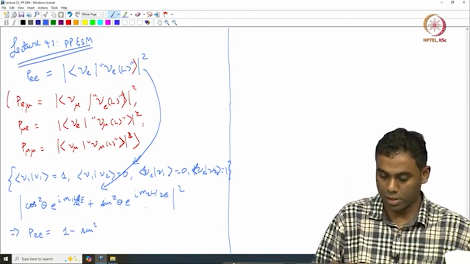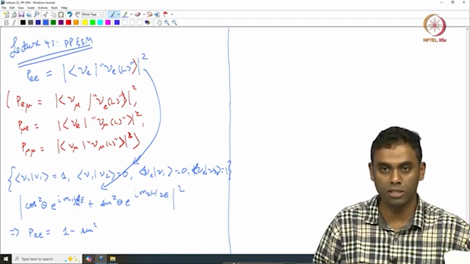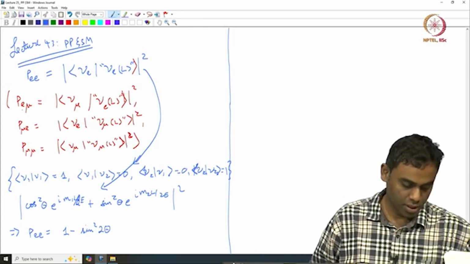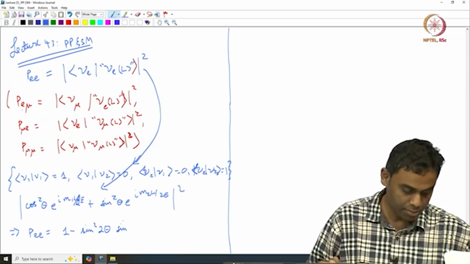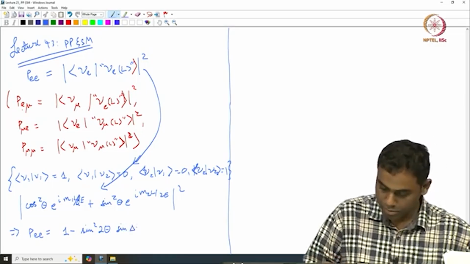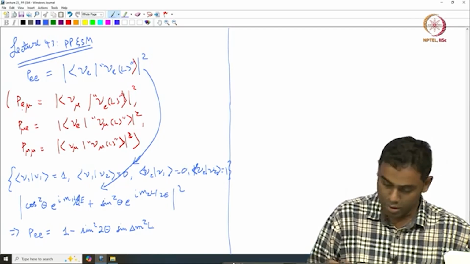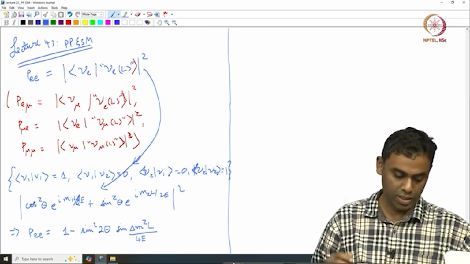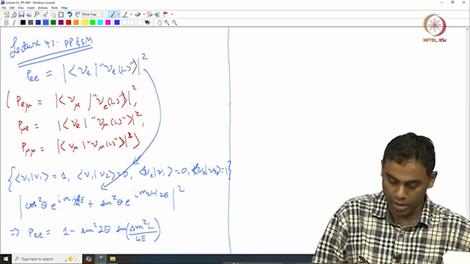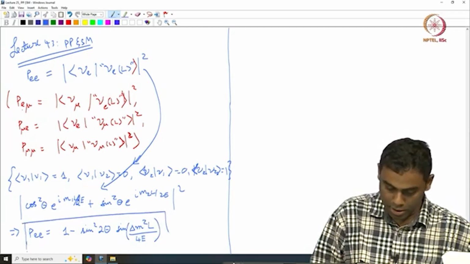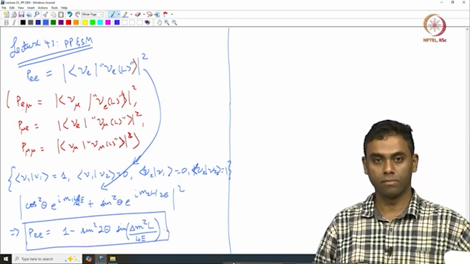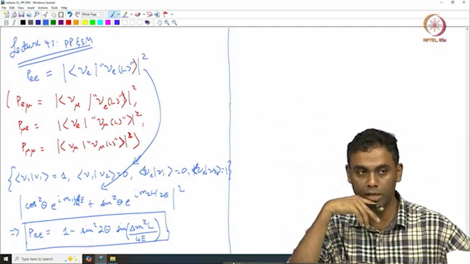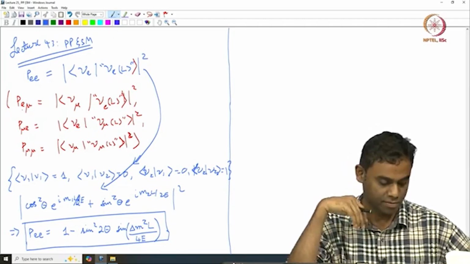Take out this, there'll be a cos square theta plus sin square theta whole square, etc. Put all that in correctly and you will find that the probability that I get it back as an electron neutrino is this. This is an expression you should never forget. If you forget it, you can easily derive it. We will see many consequences of an expression like this.